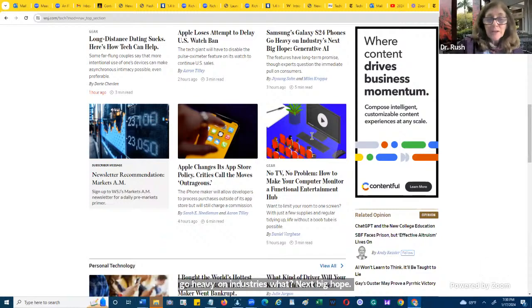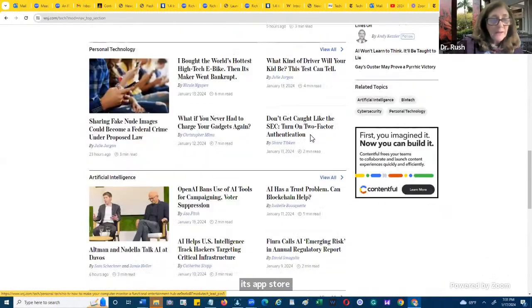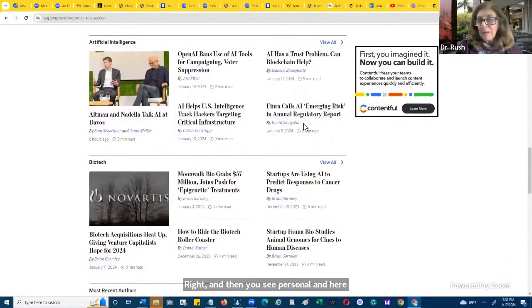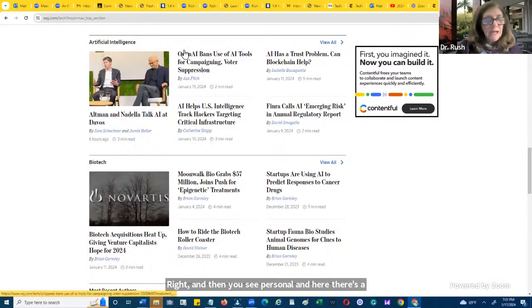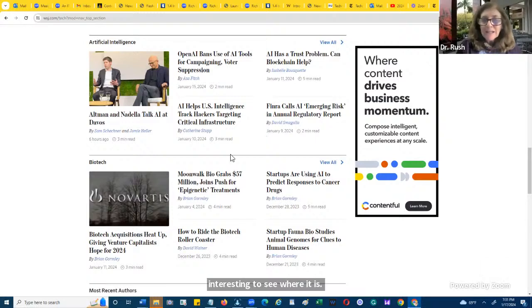Apple changes its app store. And here there's a whole section I think would be really interesting to read, the artificial intelligence section. You see that, Evan? On the Wall Street Journal, it's interesting to see it every week to get an idea of what's happening.